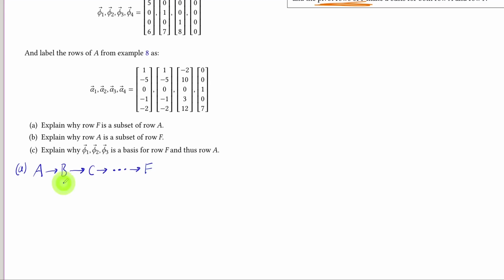And each one of those is going to make the rows of the new matrix each some linear combination of the rows of the previous matrix.